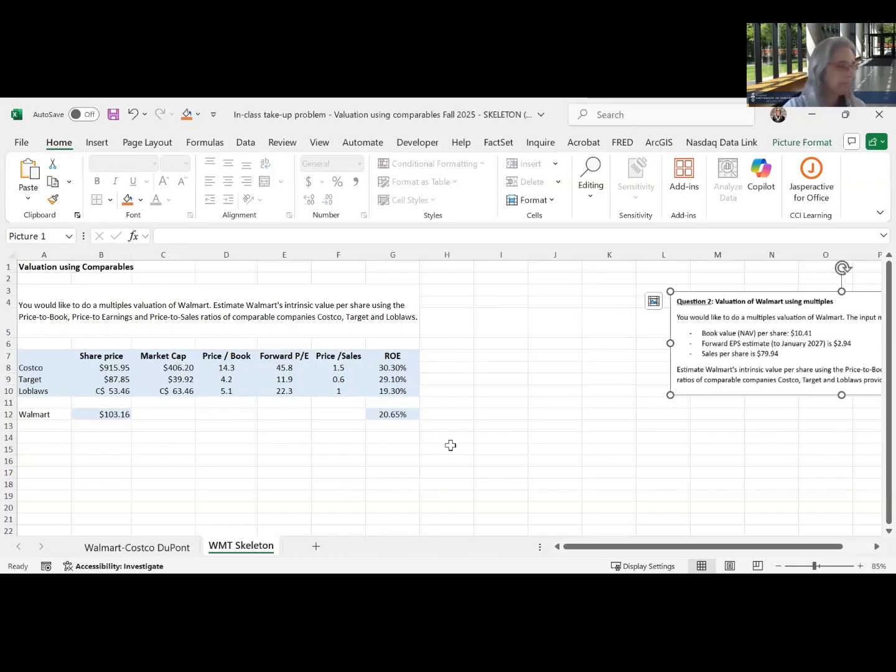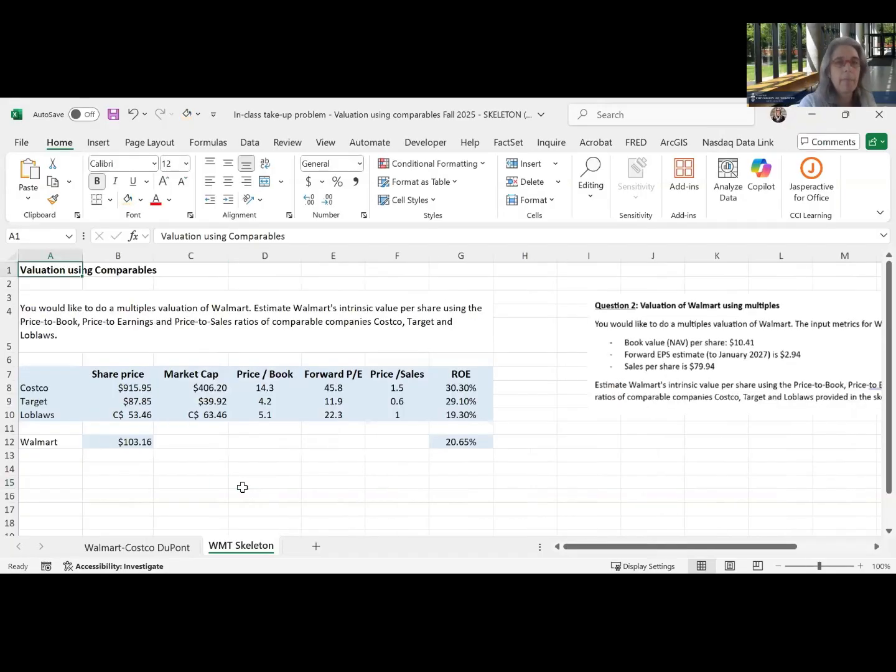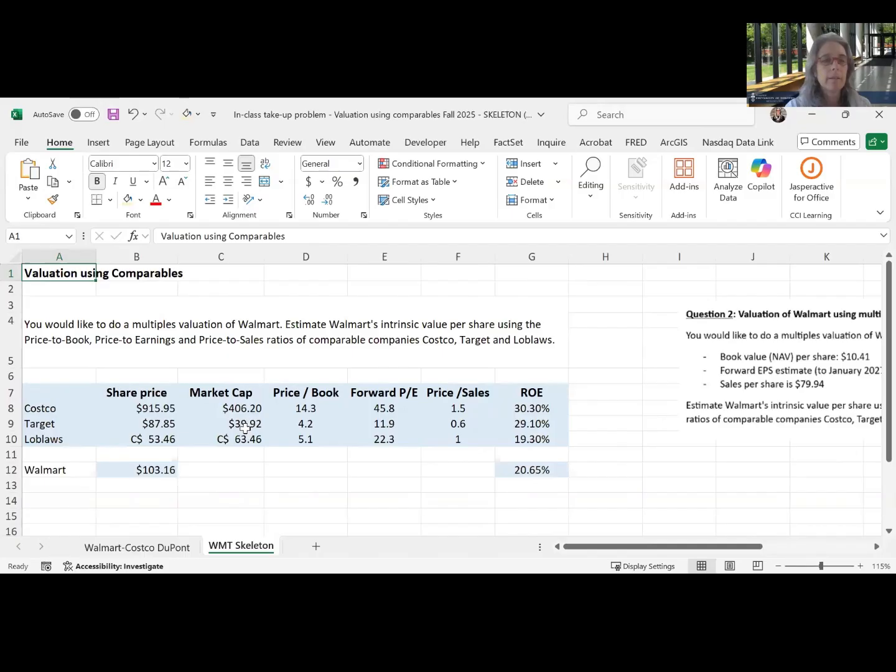Okay, so we're valuing one Walmart share now, and we're going to look at other companies in its peer group. So I've pulled Costco, Target, and Loblaws. So the share price of Costco is $915, which is around 14 times the book value of Costco.